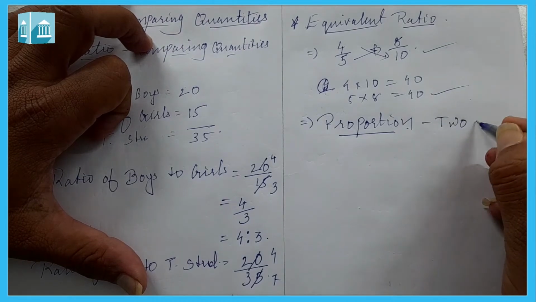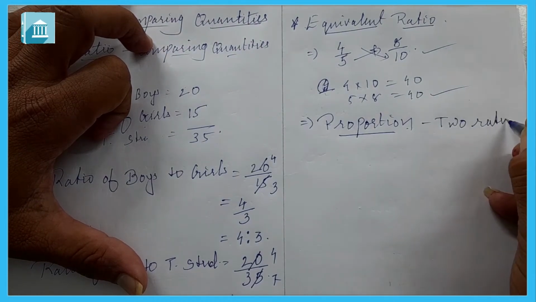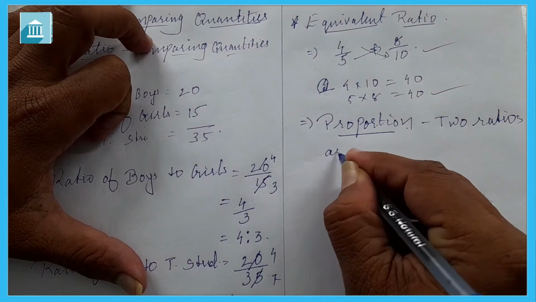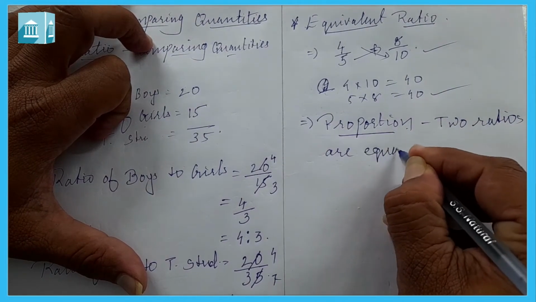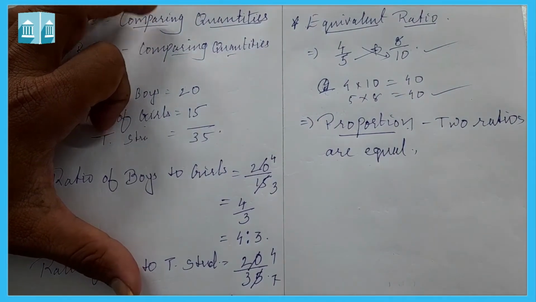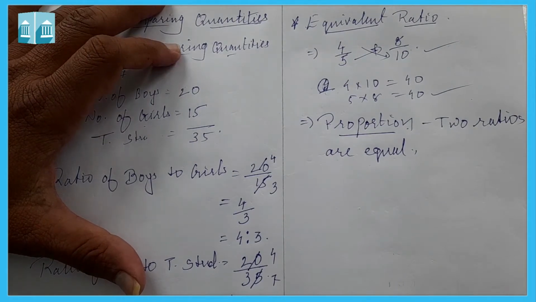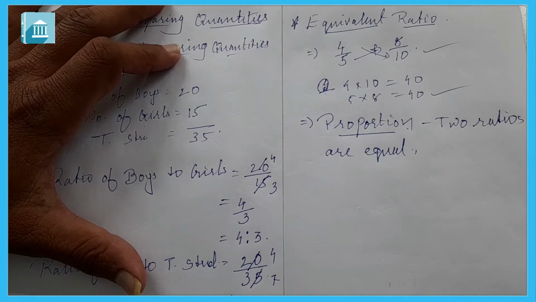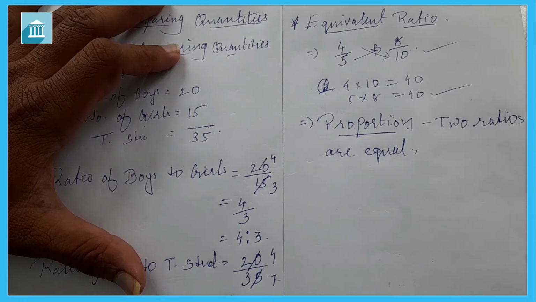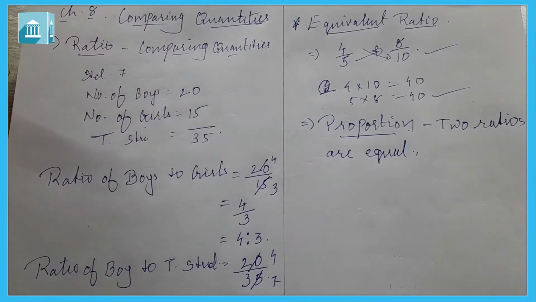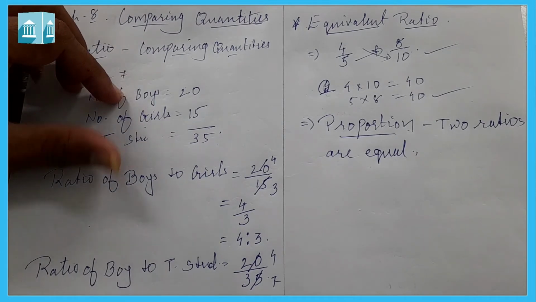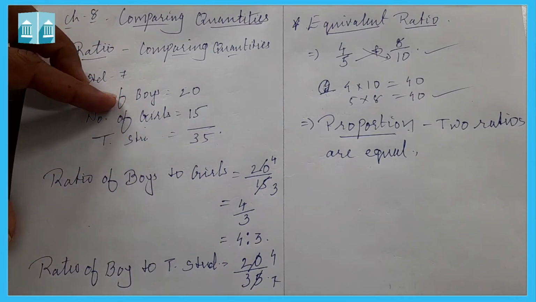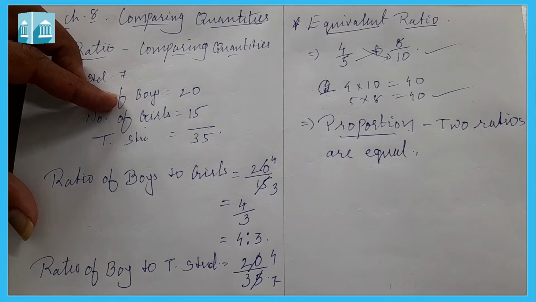Proportion means when two ratios are equal, they are known as proportion. We had already learned about the unitary method in 6th standard. Here this unitary method can be used as proportion.